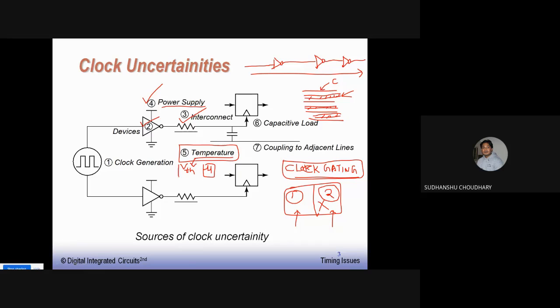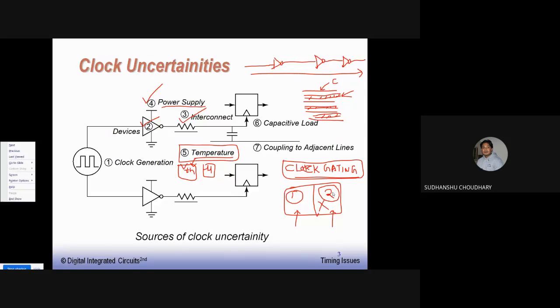So in the two cases, portion number 1 and 2, since they are at different temperatures, Vt and the mobility of the devices in these two regions will also be different. That obviously means performance, that is the delay of these devices, will also be different.